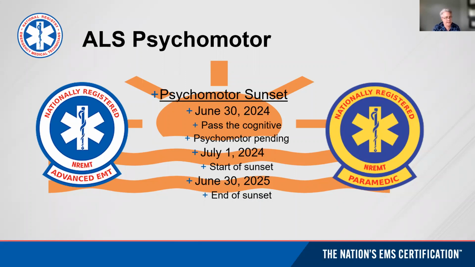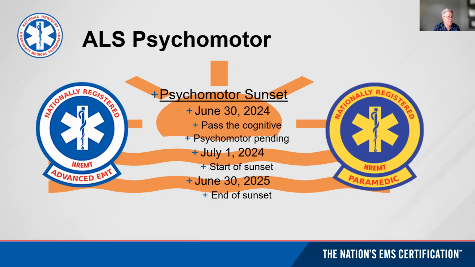So if you have a candidate, let me explain this, it gets really complicated, but a candidate who has passed the cognitive examination prior to June 30 or on June 30, they pass on that particular day, they have the option to go into the psychomotor process. And they'll be able to do the psychomotor examination for up to 1 year.